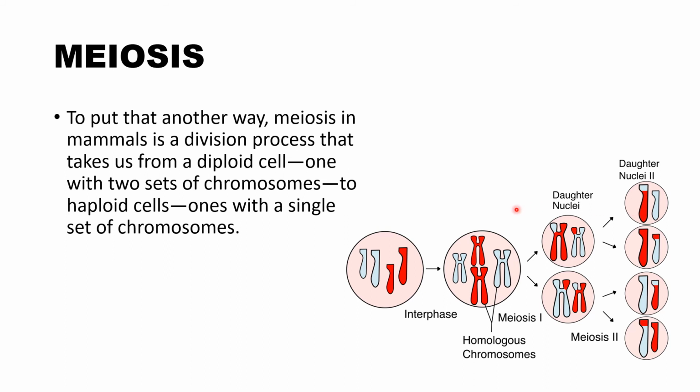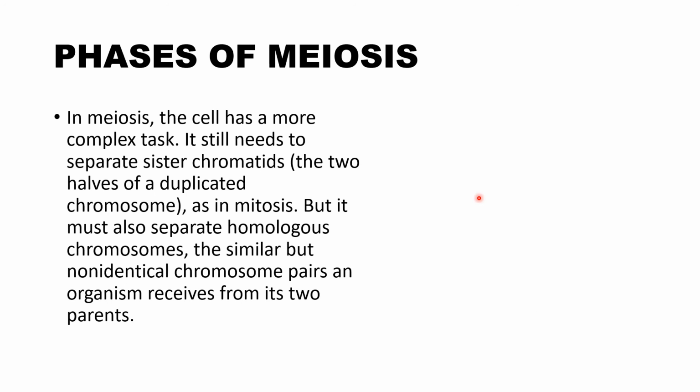It is a division process wherein yung diploid cell, which contains 4 chromosomes or 2 sets of chromosomes, yung end product niya is a daughter cell that contains only one set of the chromosome.